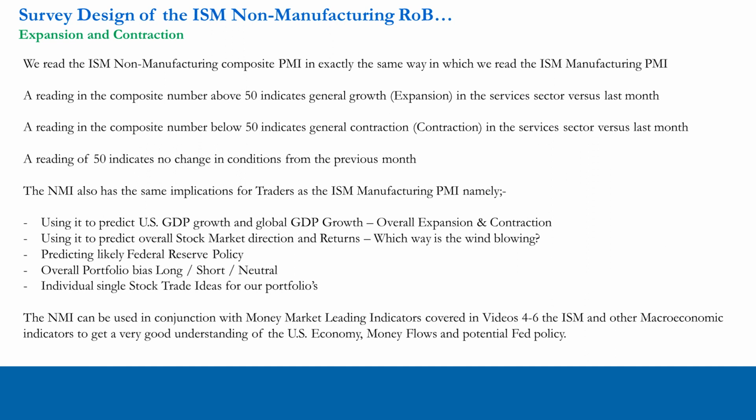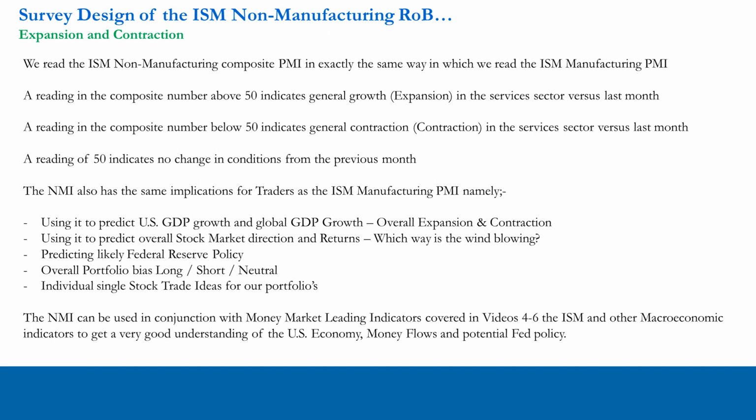A reading in the composite number above 50 indicates general growth, so expansion in the services sector versus the previous month. A reading below 50 indicates contraction, so a general contraction in the services sector versus the previous month. And a reading of 50 itself indicates that there's no change in conditions from the previous month.